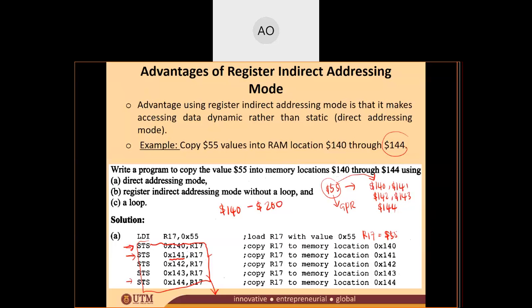Okay, 200 minus 140. This one is in hexa, not in decimal. If you put 200 minus 140 equal to 60, that one is decimal. This value is in hexa. Please press the calculator. 200 minus 140 plus 1 is C1.